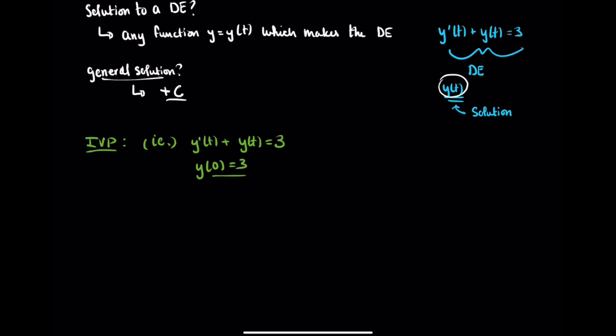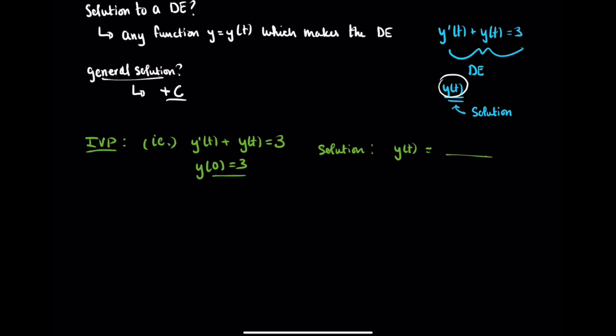And then if you know the solution, say we just make something up, I don't know if you can even solve this, but we'll see. Let's say your solution is y(t), some arbitrary function of t.